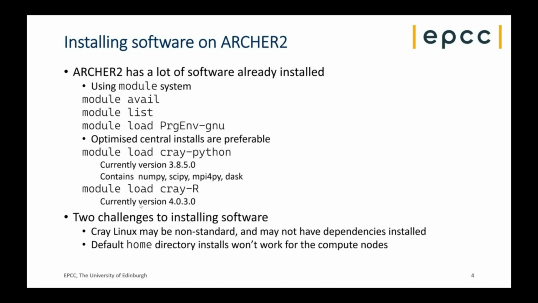So it may be slightly different, and we may not have all the dependency libraries installed. You don't have sudo access, so you can't just do a yum or an apt install of things. That can be challenging for users bringing data science workflows across. And the other thing, of course, is this file system thing can mess things up a little bit, because we don't have that.